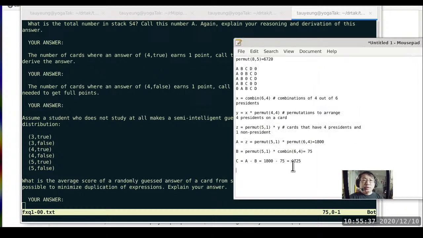All right, so we want to figure out what each answer would score in this case. We know a 3 true is going to score a 0. A 3 false scores 0 too, because they got the number of presidents incorrect. The same applies to 5 true and 5 false.